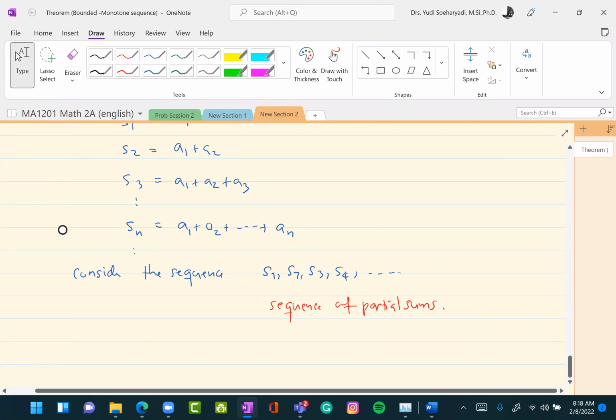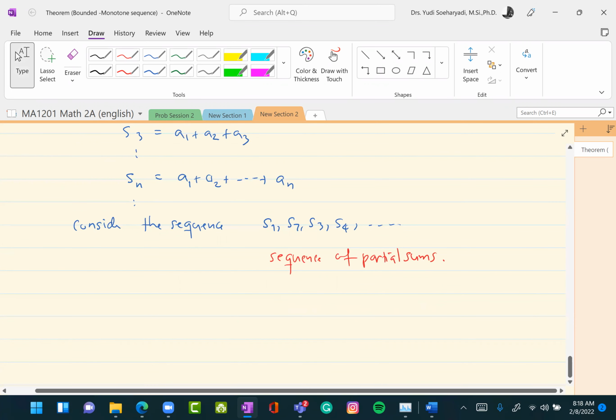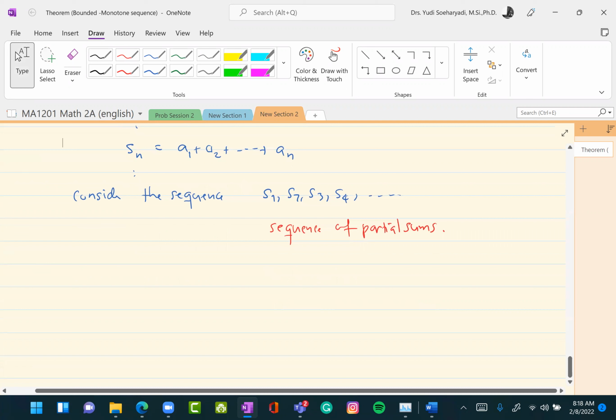So now what we consider as convergence: whether the series converges or diverges, being convergent or not, is the same as the convergence of the sequence.